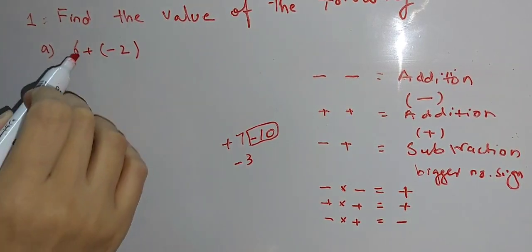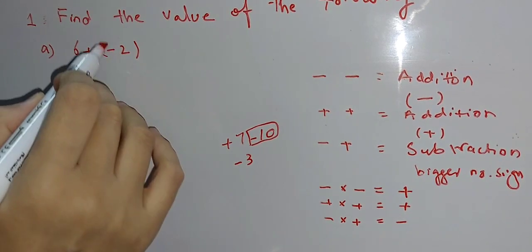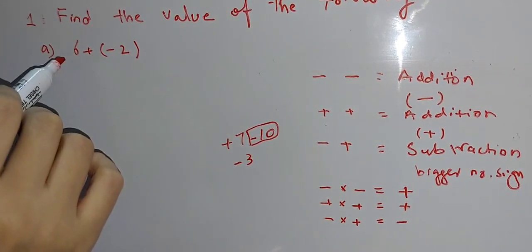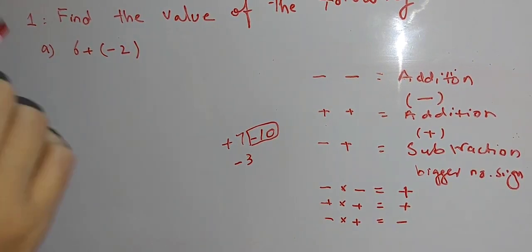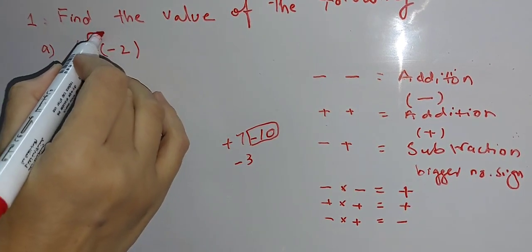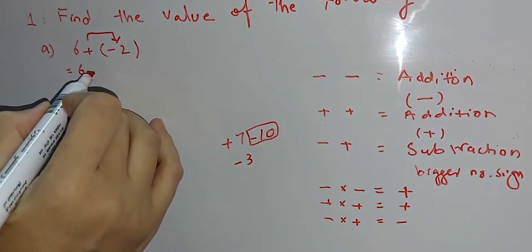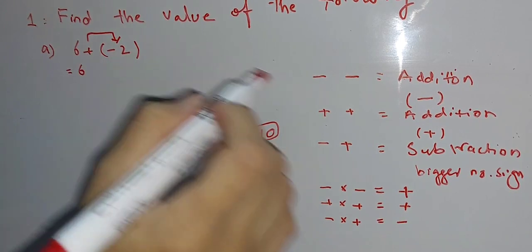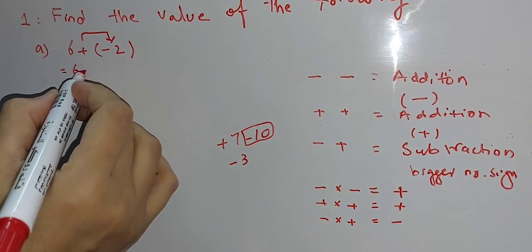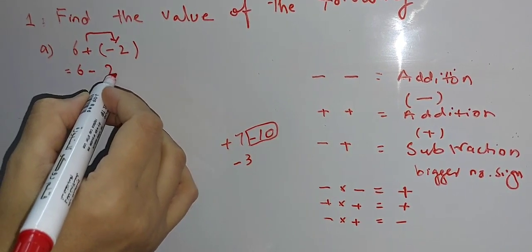Part A is 6 plus bracket minus 2 bracket close. When we have to solve this question, first of all, we have to open the bracket. 6. Now this plus will multiply with this minus, so plus minus is equal to minus sign. So we will write minus here and 2.